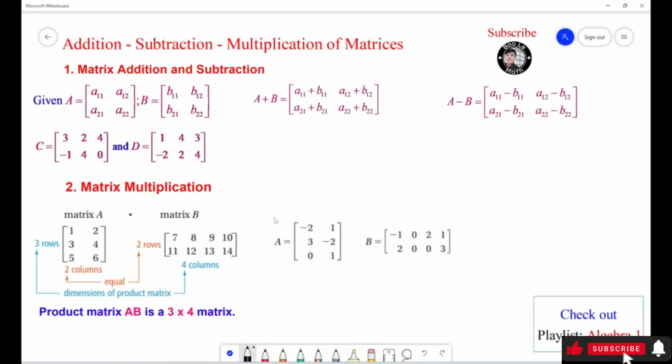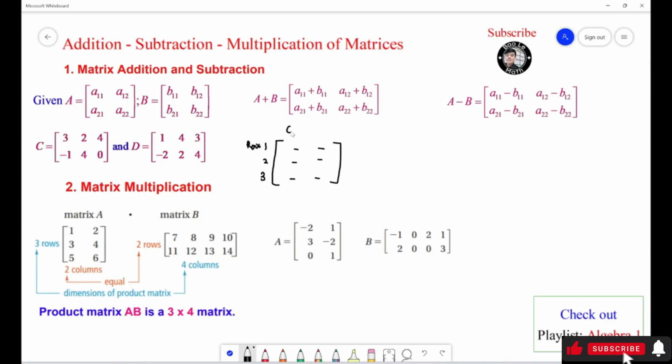Alright, let's get started. First we're gonna talk about the dimension of a matrix. For example, we have 3 rows and 2 columns. This is called row 1, row 2, and row 3.